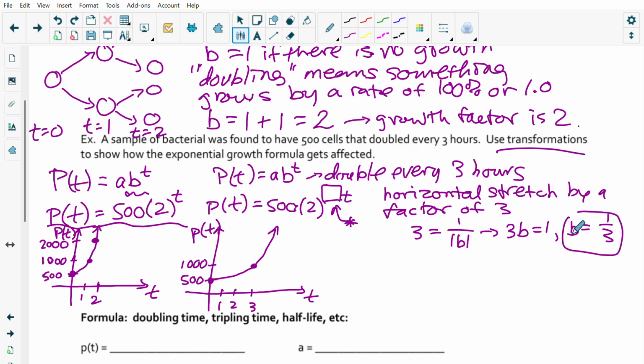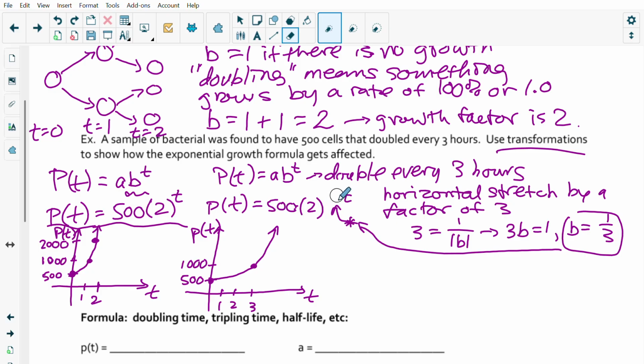Well, where does that 1/3 go? So right here. So when I replace that, let's see what happens and see if it actually works out. I go 1/3 right here. That's our transformation. This is a horizontal stretch by factor 3. You can see it's clearly being stretched this way.